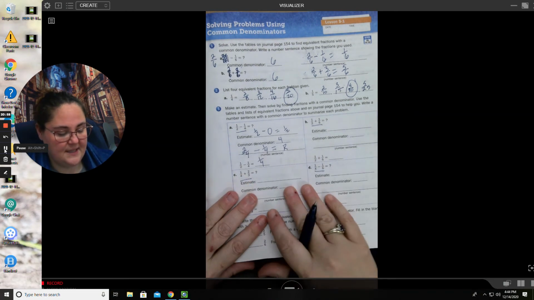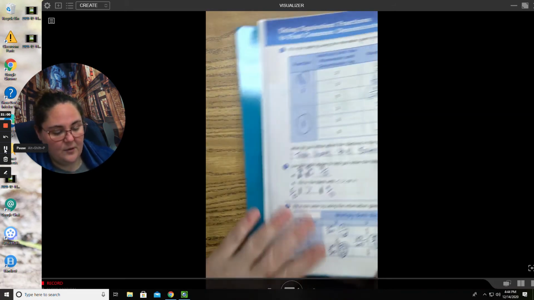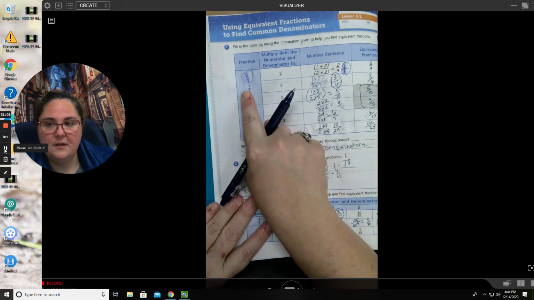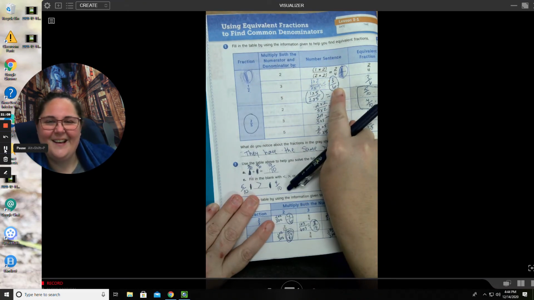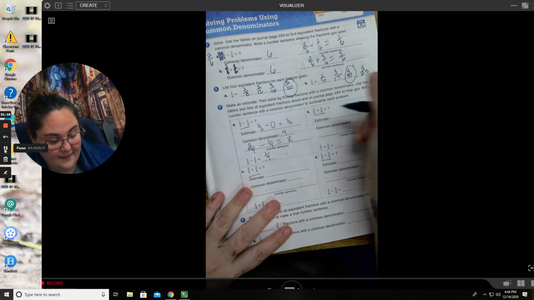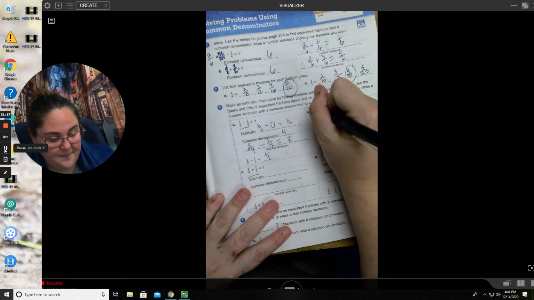1/2 plus 1/6. All right, so I'm going to go to my halves page. I'm going to find an equivalent fraction with a 6 in the denominator. My equivalent fraction for 1/2 would be 3/6. So I'm going to write that right above it so I have it.